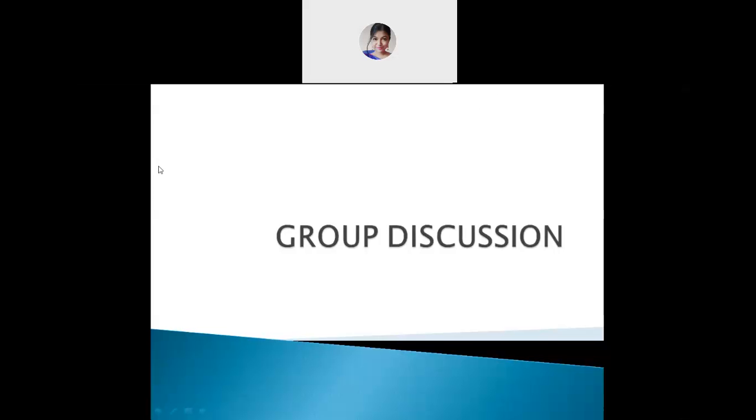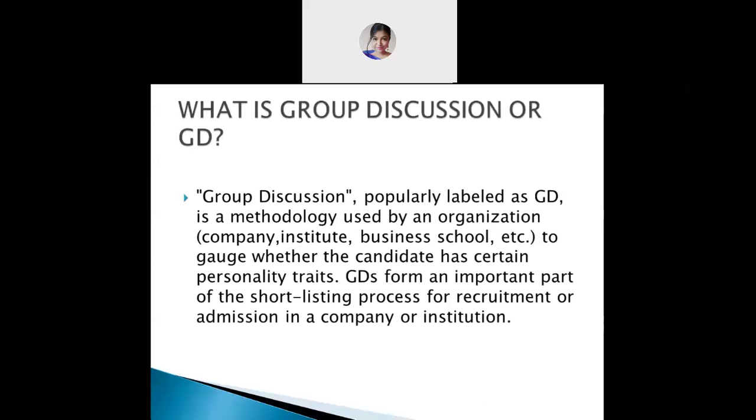This is a process which is conducted to shortlist the candidates, and it is one of the initial rounds of interview. Group discussion is popularly labeled as GD.